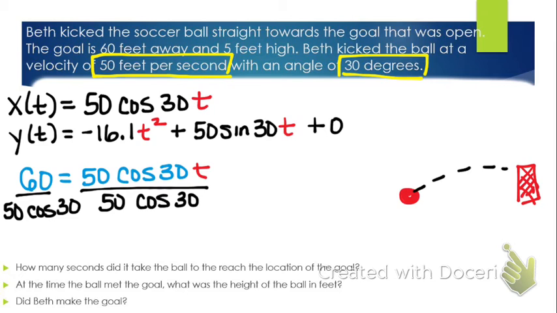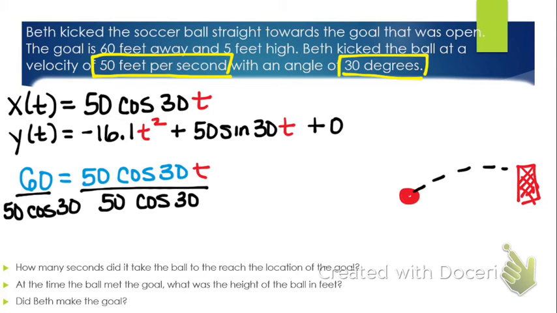So go ahead and type that in your calculators. Take 60 divided by 50 cosine 30. If you're using the yellow calculator, because cosine 30 is on the unit circle, it's going to give you an answer in radical form. You hit the button above the enter key. It's going to switch that to decimal.